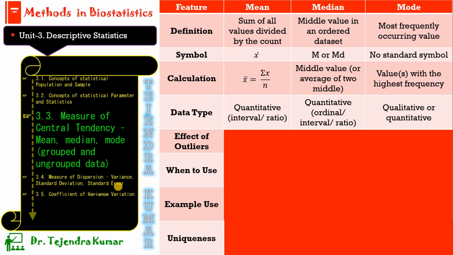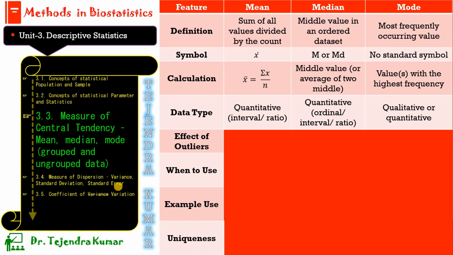Data type. Mean is applicable for quantitative data where interval or ratio data is given. Median is also used for quantitative data where ordinal, interval, or ratio data is there.